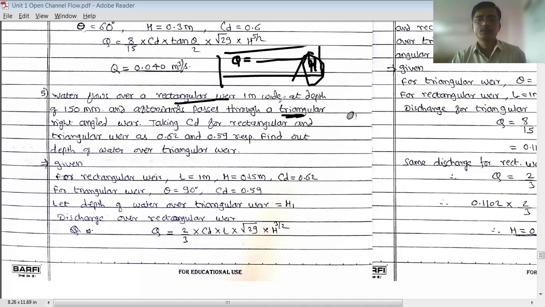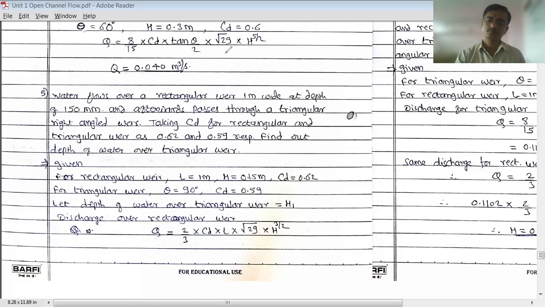So this is the problem. Quite simple. Do it fast now. Problem solving is not just reading the problem and doing the calculation.